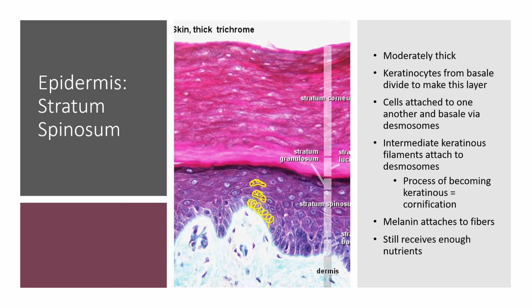They're making keratin into strands, and those are your intermediate filaments, and they attach to the desmosomes. The process of making keratin is called cornification. Anytime you see corn or cute, like cutaneous, you're going to think keratin. They both refer to keratin.